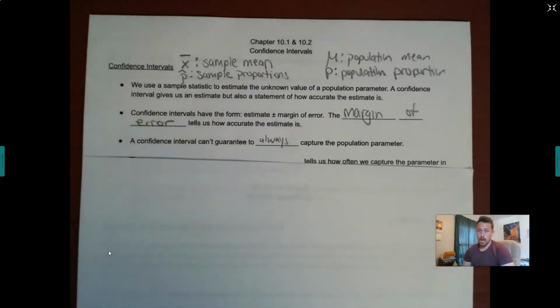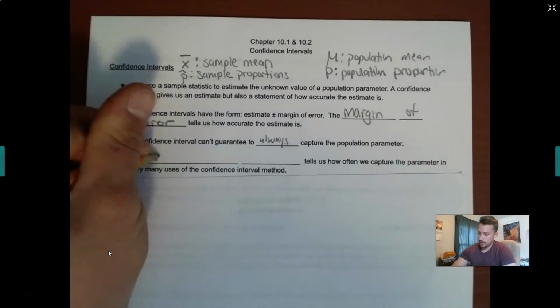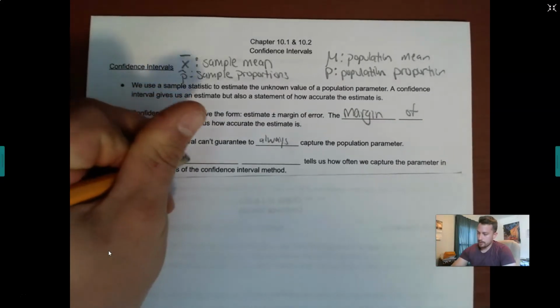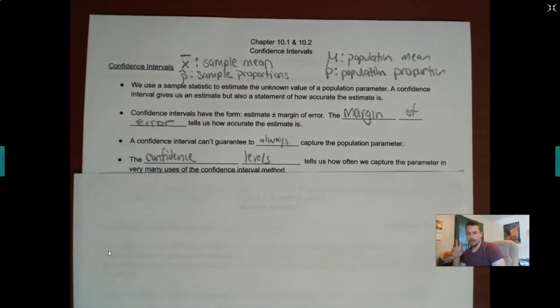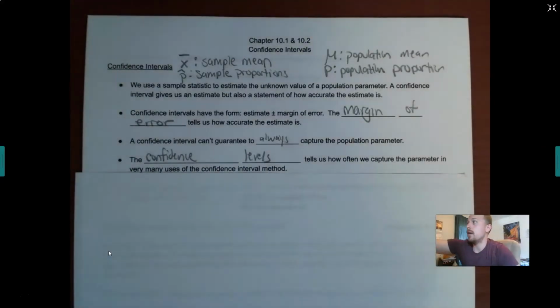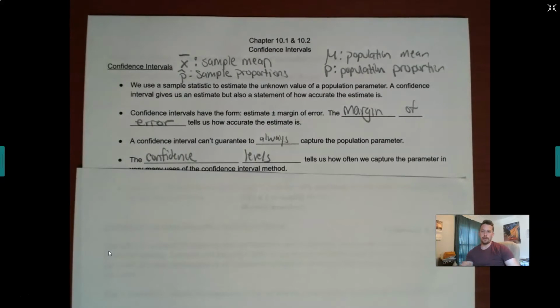Okay? So there's this thing called the confidence level, and the confidence level tells us how often we capture the parameter in very many uses of the confidence interval method. Basically, from a big picture, how accurate is our confidence interval.